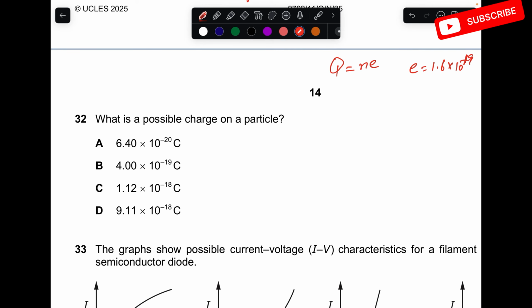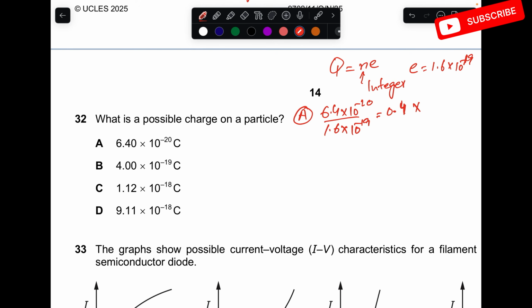This n is an integer, so you have to take the ratios. For option A, 6.4 times 10 raised to power minus 20 divided by 1.6 times 10 raised to power minus 19 gives me 0.4, that is wrong.